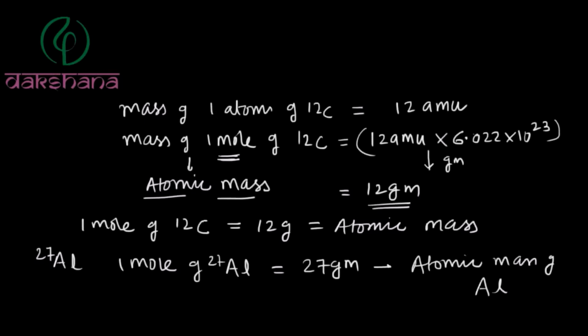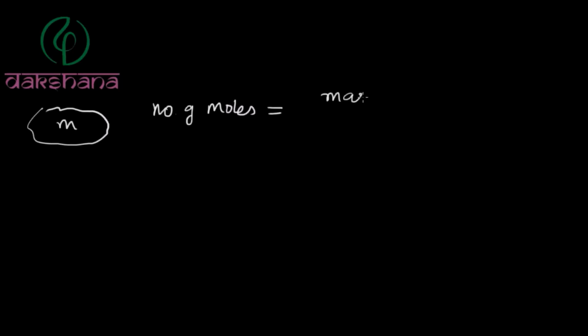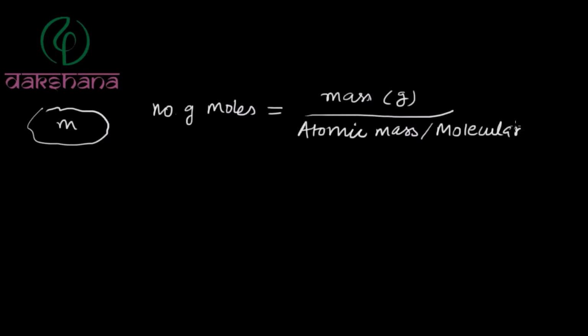Now, if I have to write a formula to determine the number of moles in a given mass, the number of moles in a given mass will be equal to the mass in grams divided by its atomic mass if it's an atom, or its molecular mass if it's a molecule.